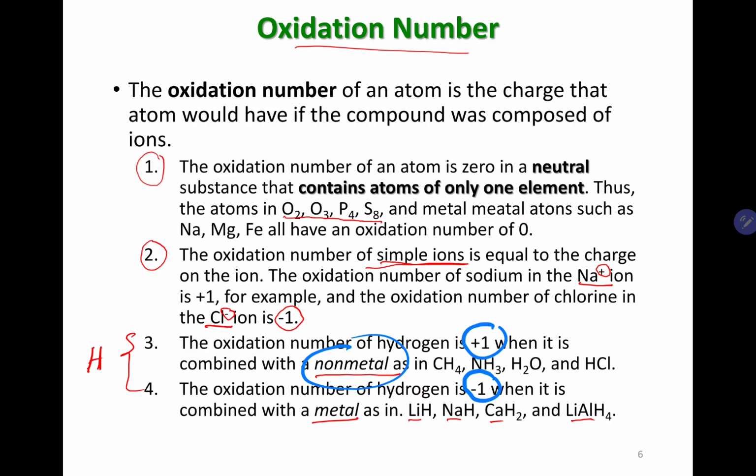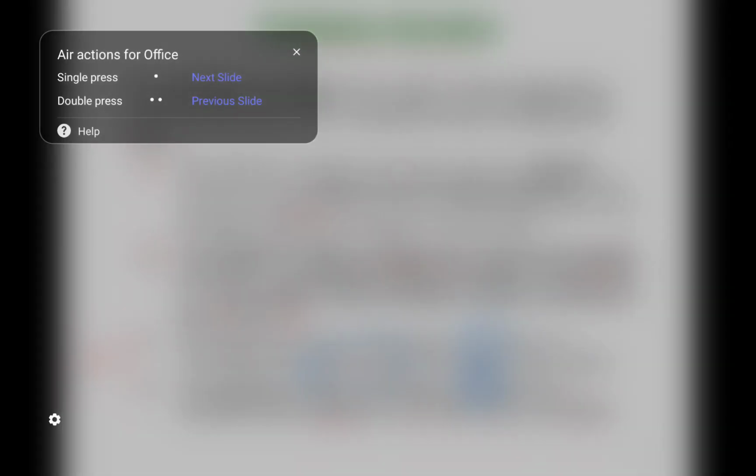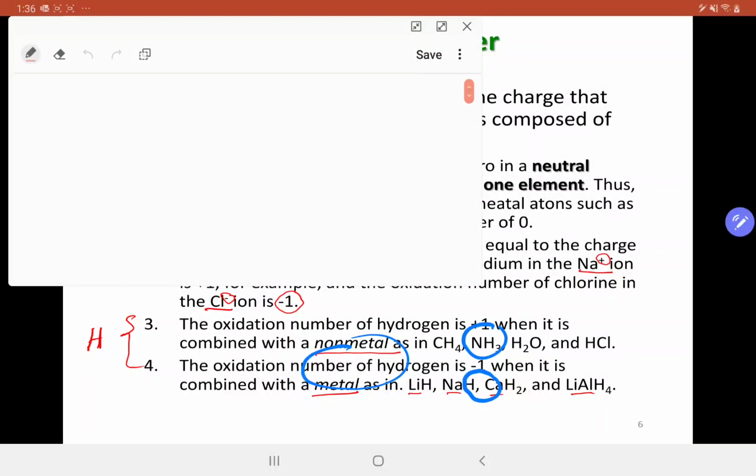So therefore, they usually have higher electronegativities than hydrogen. So if hydrogen is bound to a non-metal, the non-metal is going to have the higher electronegativity, which means it is going to steal electrons from hydrogen.